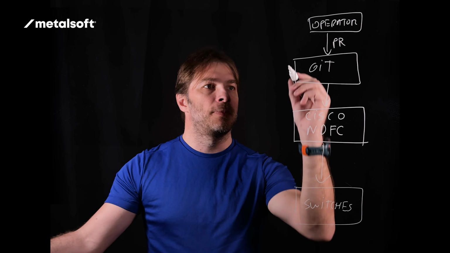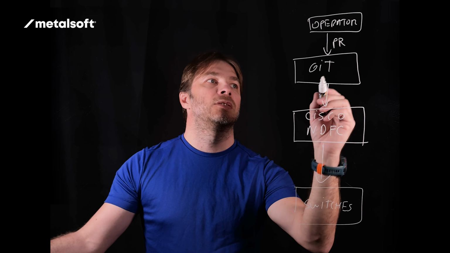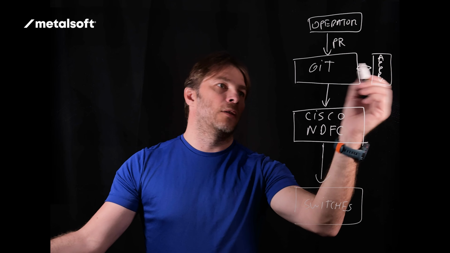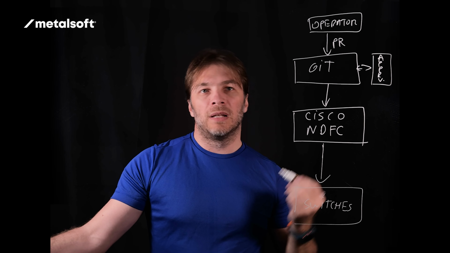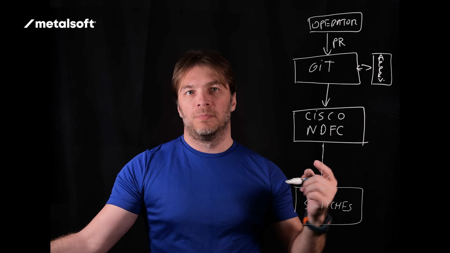So they push in a branch and then create a PR to merge that branch into the production branch, right? And then this is usually accompanied by an approval process. Approval, right?